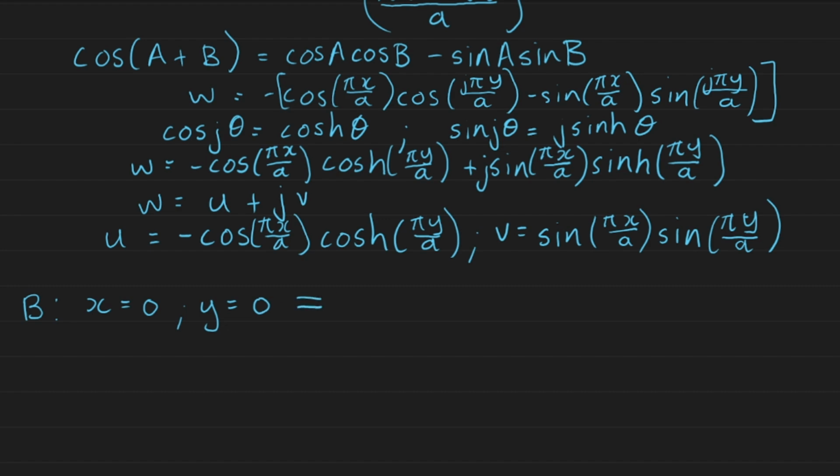So what that means is that when we map it into the W plane, B prime, we get that u is equal to minus 1. We get that by substituting 0 for x and y inside this equation for u. So x is equal to 0, so we have cos of 0. Cos of 0 is 1, so we have minus times cosh pi y over A. We also need to remember that cosh of 0 is equal to 1 and sine of 0 is equal to 0.